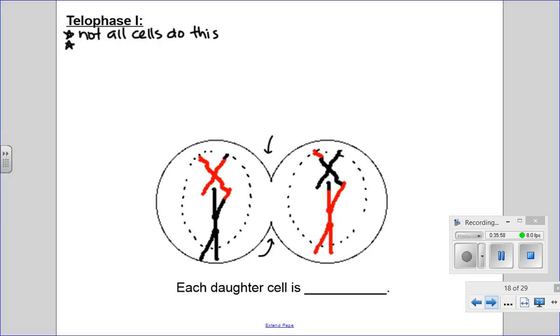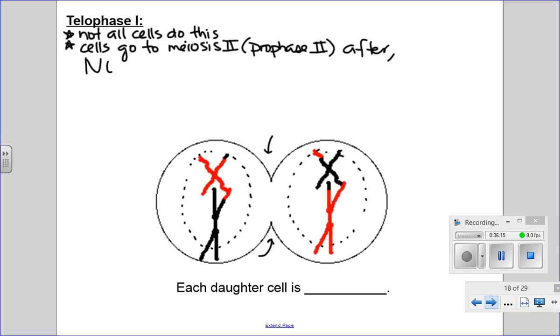Another thing that is distinctive here is that cells go to meiosis 2, which would mean prophase 2, after, not, absolutely not, interphase. So normally when a cell goes through telophase, it will divide in half and then go back to interphase. That is not what is going to happen here.